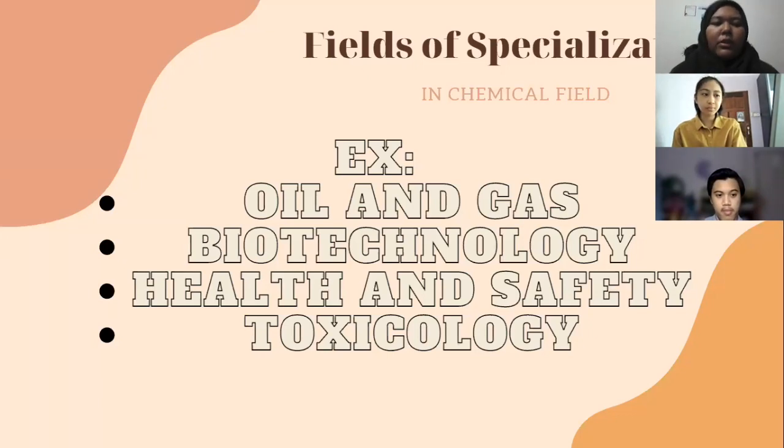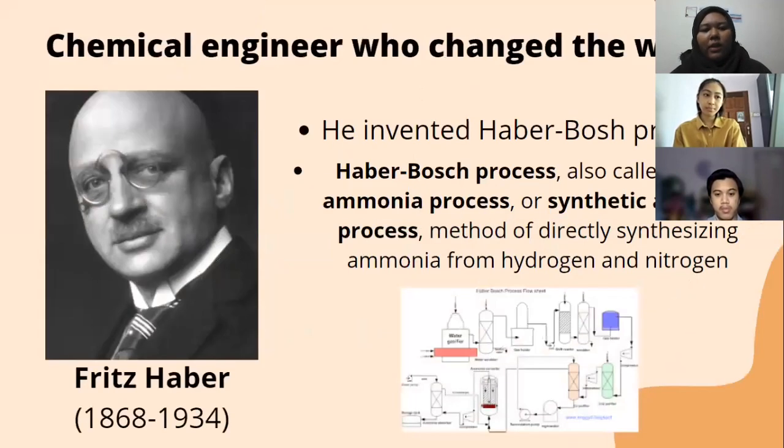Health and safety is a combination of engineering knowledge and health and safety, to develop procedures or design systems to protect people from injury. Toxicology works with chemicals and other substances to determine if they are toxic or harmful to humans or the environment. So next, to Natasha.